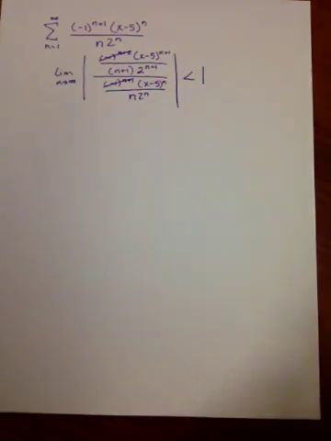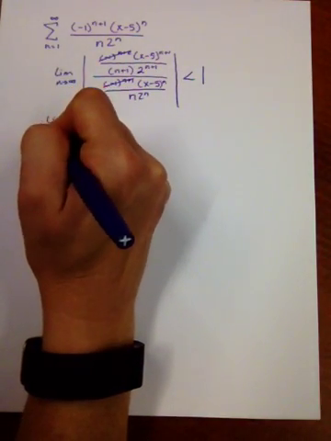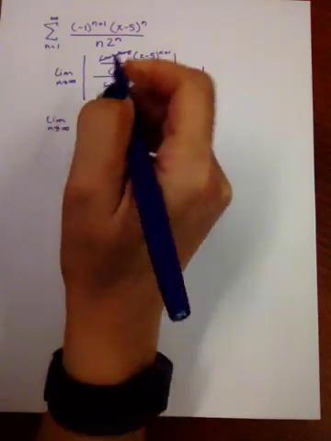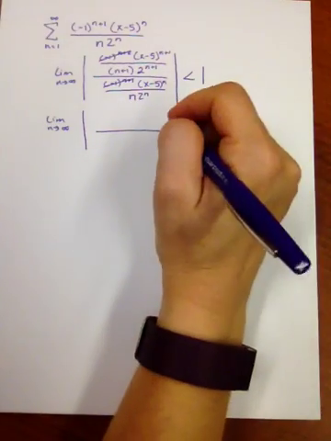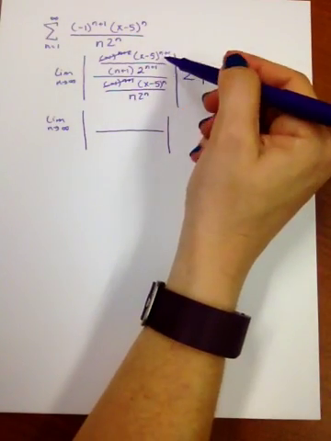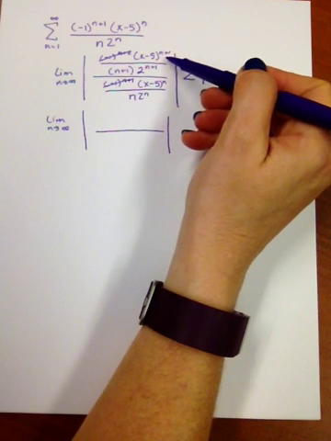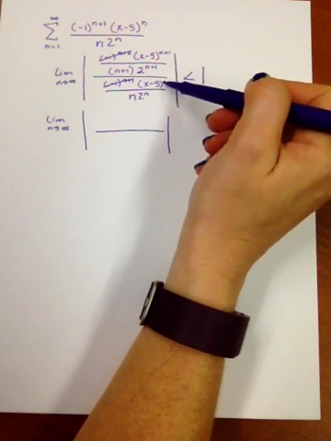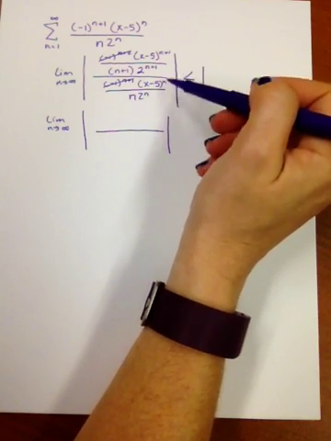So my next step is to actually simplify this fraction. So this is the limit as n approaches infinity. I'm going to leave the absolute value there, but I'm going to rewrite this as a much simpler fraction. When we divide by a fraction, we multiply by the reciprocal. So this will stay in the numerator, this will be in the denominator, this will actually be in the denominator, and this will be in the numerator. We turn this fraction over.